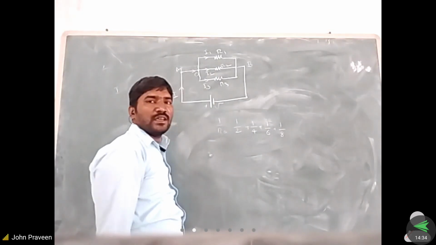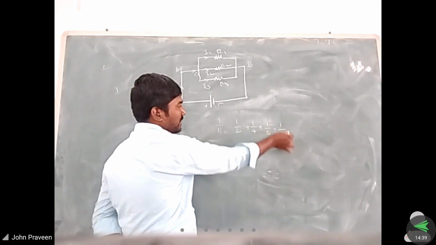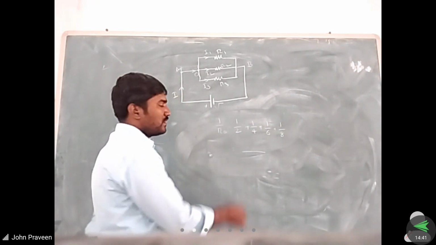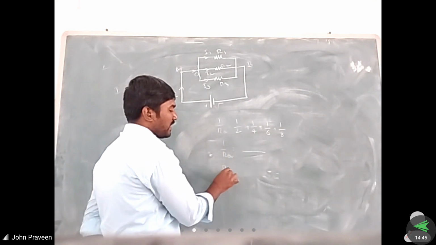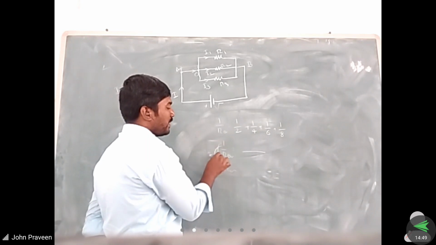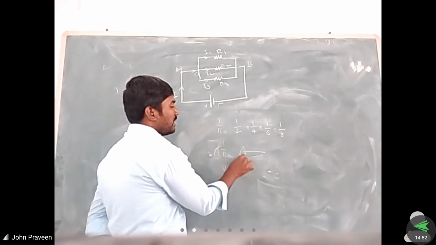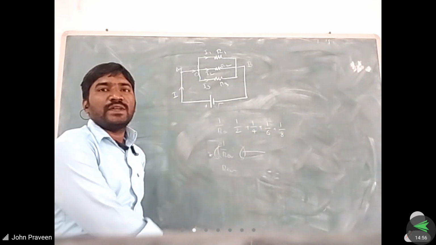First we take the LCM as common, then we write with respect to the numerator. Then we find 1 by R equivalent, and finally R equivalent. So change the denominator into numerator and numerator into denominator on the LHS as well as the RHS. So it will be very complicated.